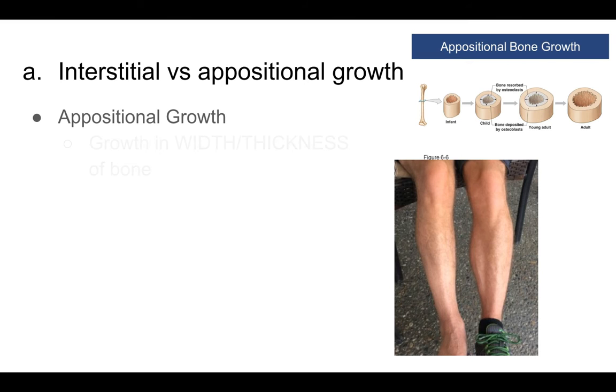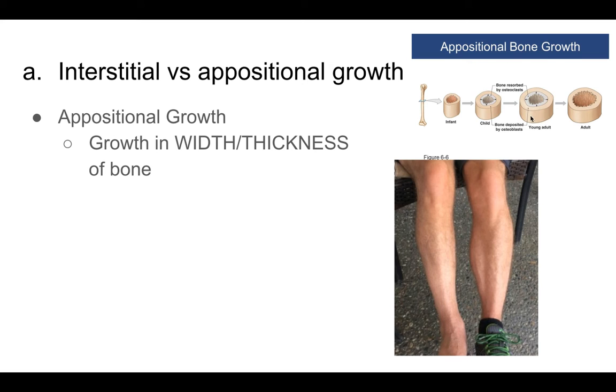Appositional growth is growth in a bone's thickness or width. And so here you can see in this diagram, if we took a cross section of a long bone, look at the thickness in the actual long bone in the diaphysis of an infant compared to a child, a young adult.